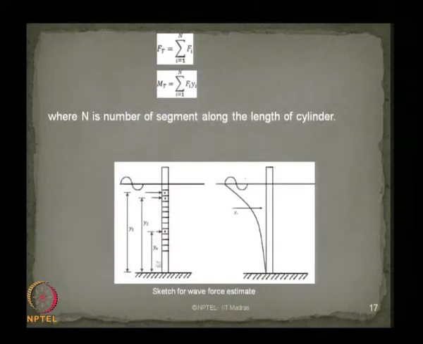Sum up all of them, find the moment of each one about the bottom, because moment is the force into the distance of that particular centroid from the seabed, which is yi, shown here as y1, y2, yn, etc. So, you will also find that the total force acts at a specific location from the seabed, and the total moment, of course in this example, will be at the bottom, because the bottom is the fixed end for this member.